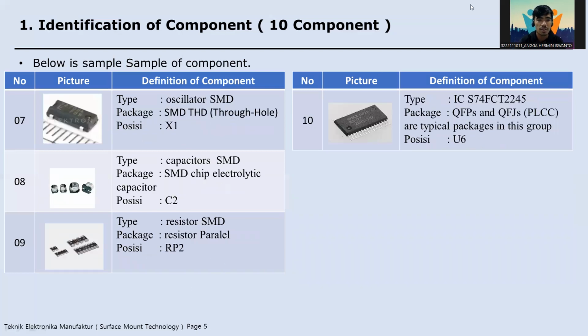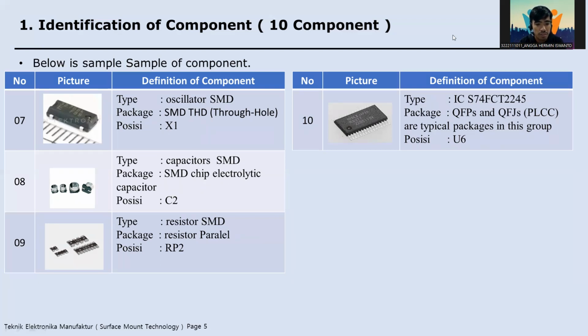Next component, type oscillator SMD, packaging SMD, model through-hole, position X1. Next component, type capacitor SMD, packaging SMD chip electrolytic capacitor, position J2.